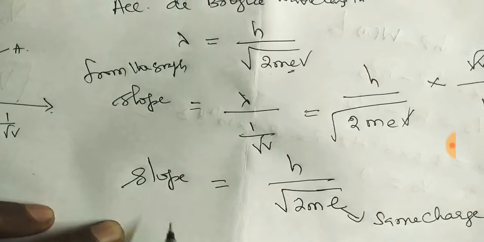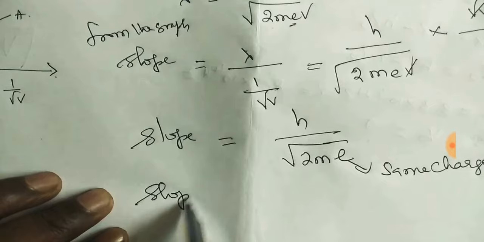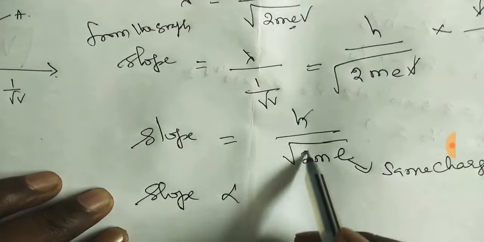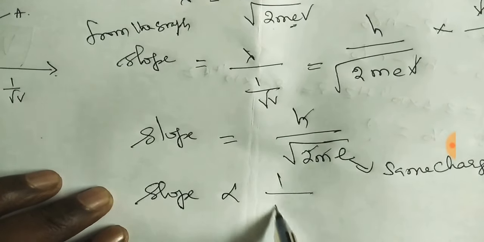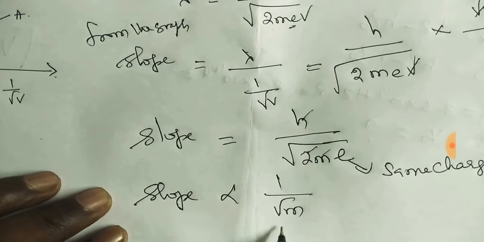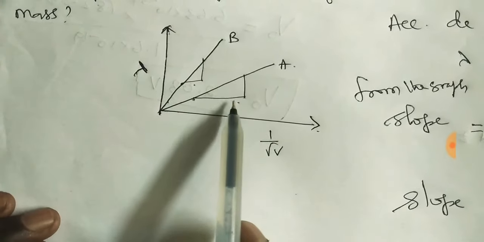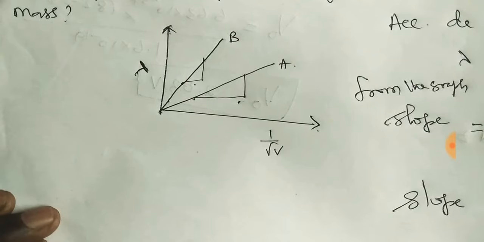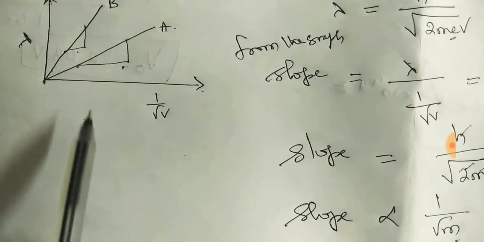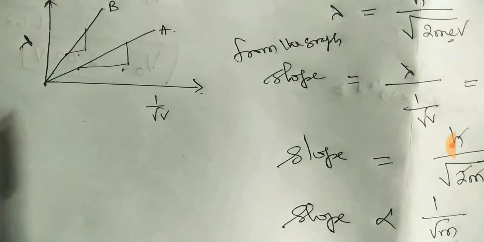Then what is the proportionality of slope and mass? H is a constant, 2 is a constant, m is a variable, e is a constant, so slope is inversely proportional to root of mass. See the graph, which has the larger slope? From the graph, the slope of B is larger because x is very small.